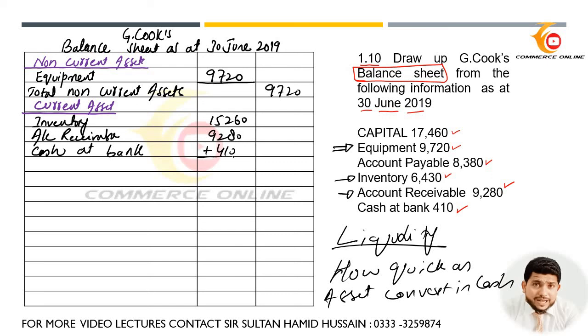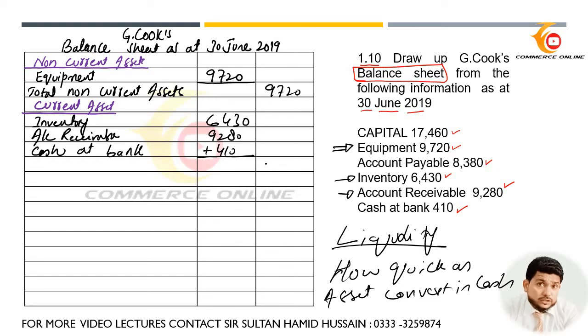Now I need to add all of them. The amount of inventory is 6,430, so I will write 6,430. By mistake I had written 15,260, so I have erased that amount and written 6,430. So 6,430 for inventory, 9,280 for account receivable, and cash at bank is 410.